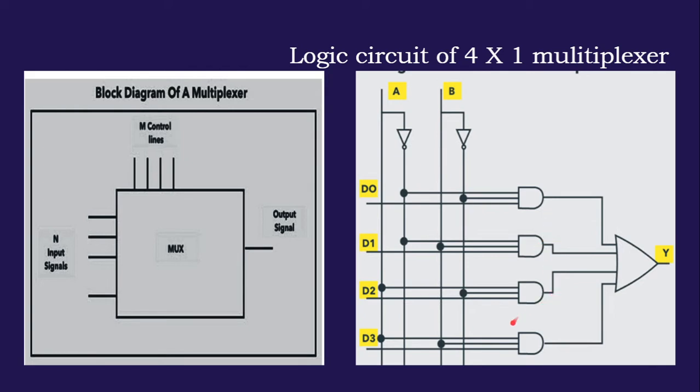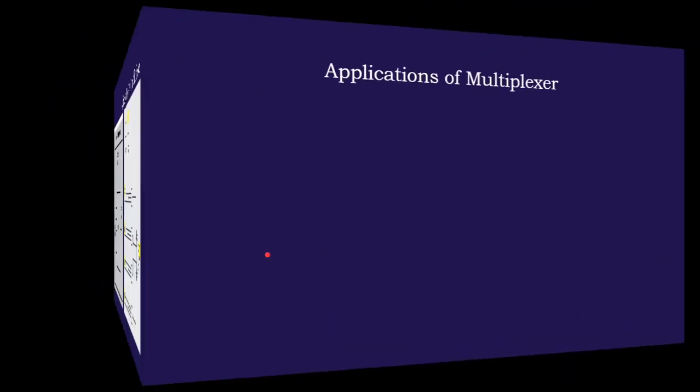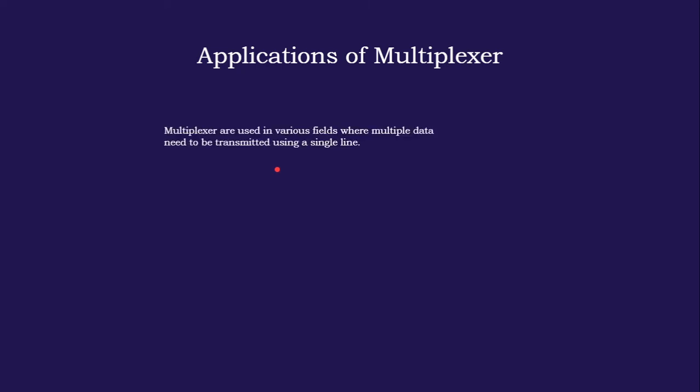This is how the multiplexer works. Based upon the control signal as well as the input signal, the multiplexer processes the data and produces a single output.